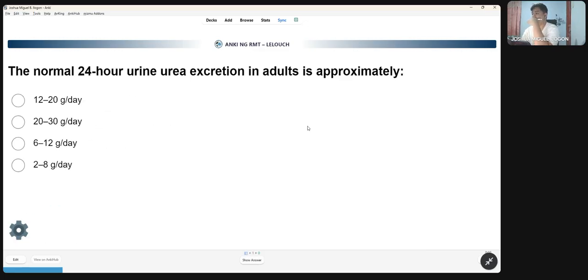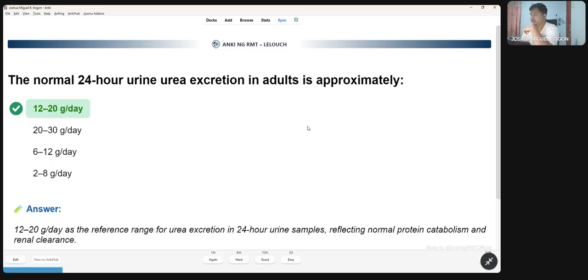Normal 24-hour urinary excretion of urea in adults is 12 to 20 grams. Where is that from?